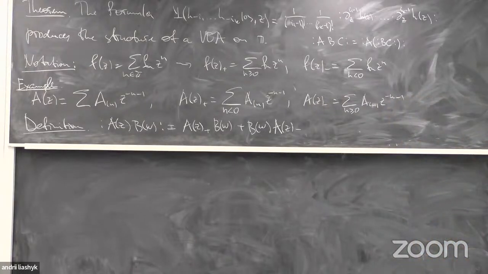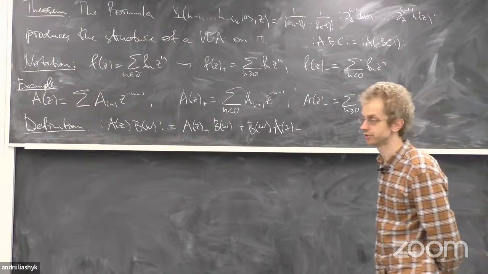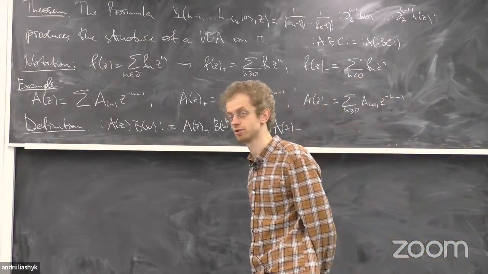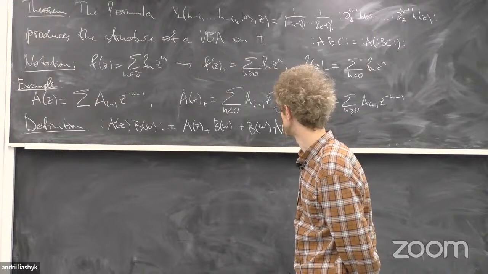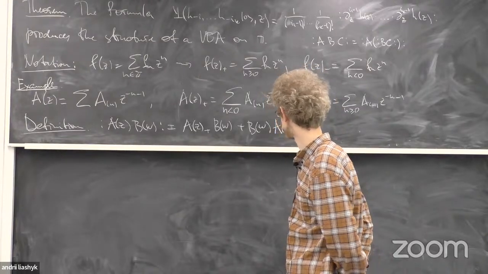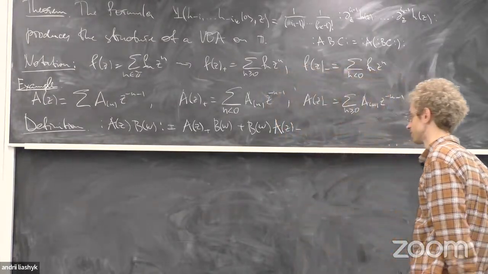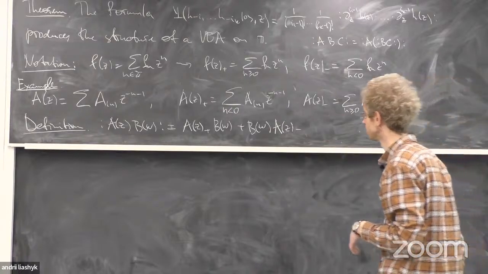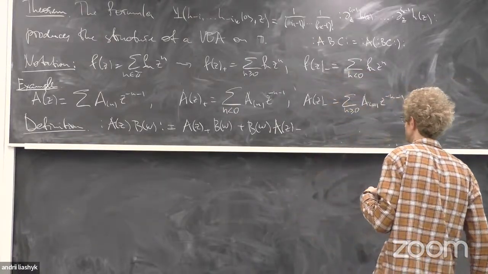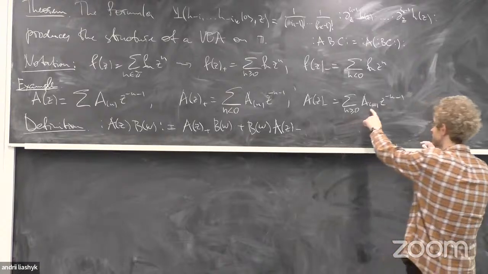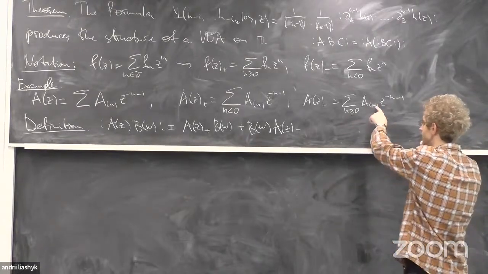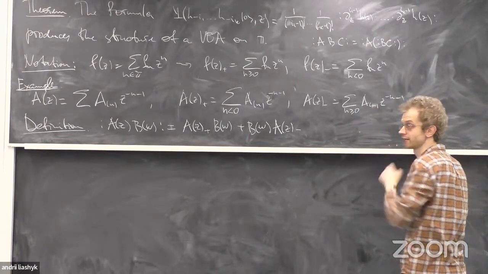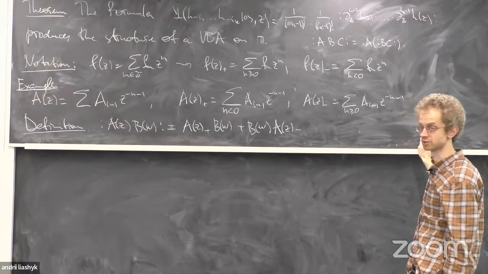So you see what we are doing: we are splitting the field A, which is on the left, into two parts, A of z plus and A of z minus, and then we move one part to the right. And you see this part corresponds to the operators having non-negative coefficients.